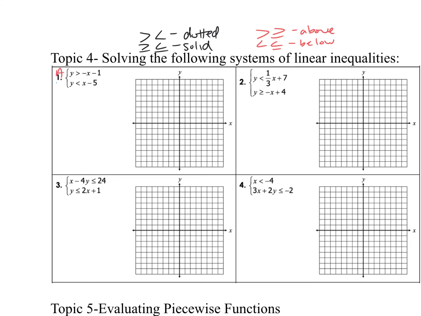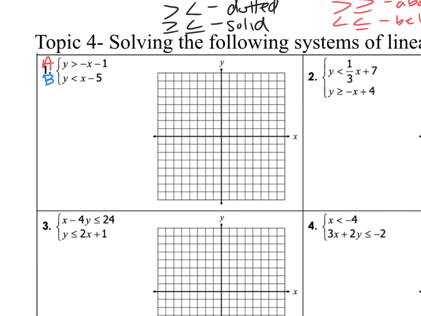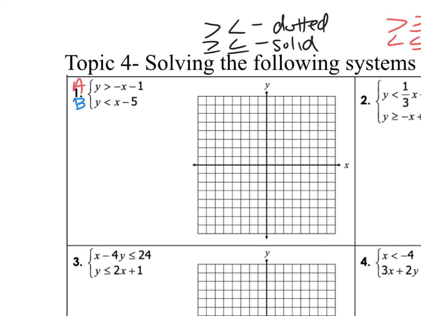Now, if they're not already in slope-intercept form, we'll have to convert them. And remember, anytime you're solving an inequality, you have to remember to flip the sign if you multiply or divide by a negative. All right. Start at negative 1 for A, and then we go down 1, right 1, down 1, right 1, up 1, left 1.